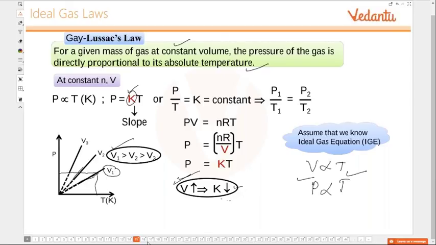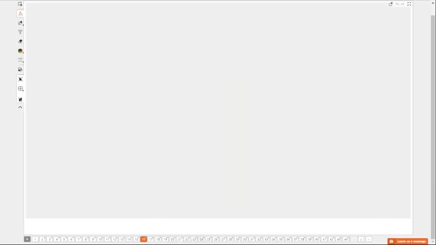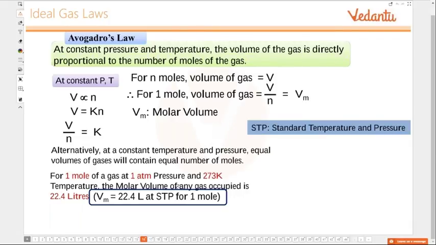Let us move on to the next law. Avogadro's law. This we had done in basic concepts also. V is directly proportional to number of moles, provided pressure and temperature remain constant.